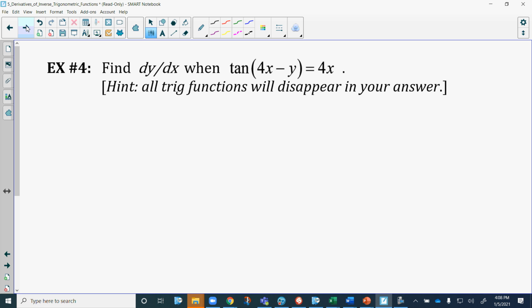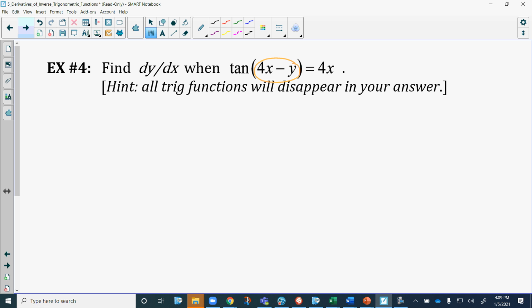We have to get that stuff inside of the parentheses out of the parentheses. And the way that you've always done that has been to just take the inverse trig, or the inverse operation of whatever your trig value is.